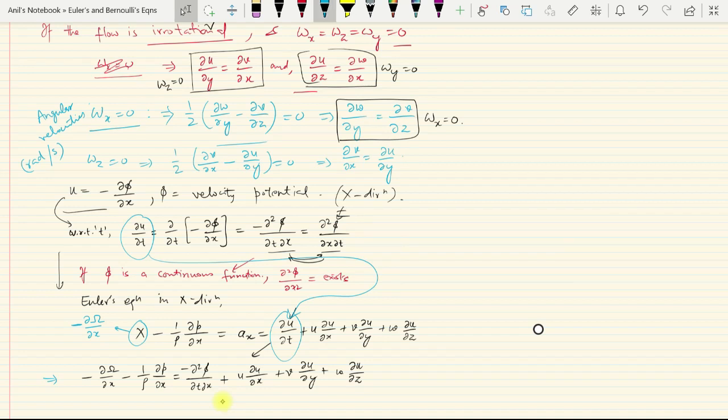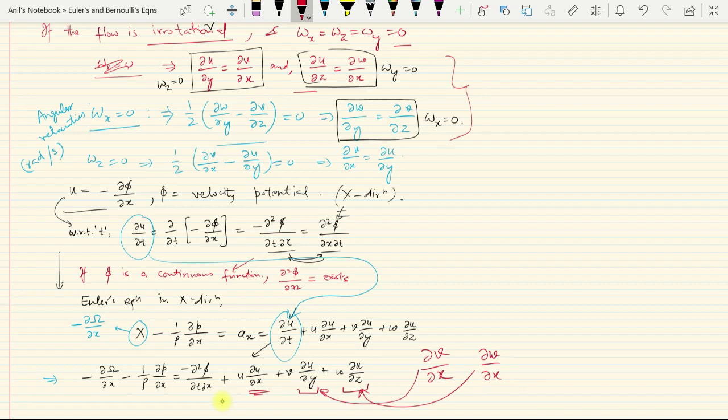So now what can we do? We can also replace del v by del y and del u by del z in terms of differentiation with respect to x to match it with this one. So from the irrotational flow conditions, we can easily get that this is equal to del v by del x, and this is equal to del u by del z is equal to del w by del x.